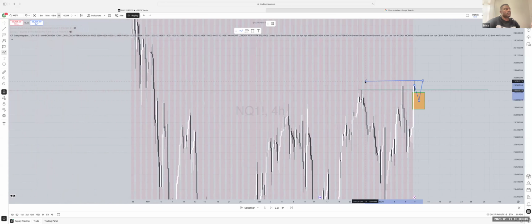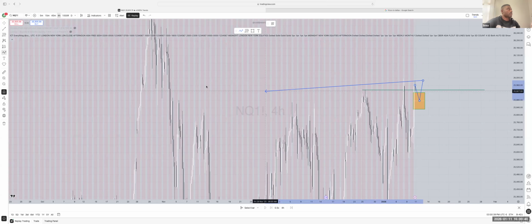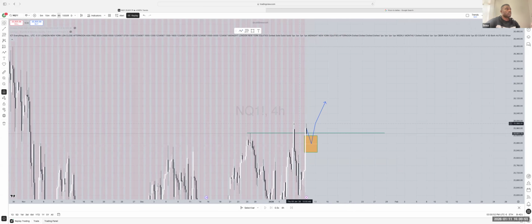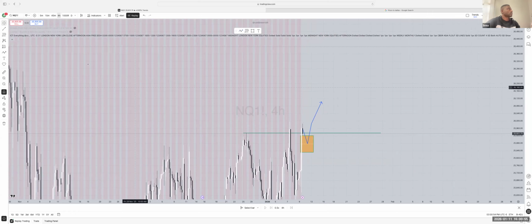But long term, I'd love for us to start trading back into, well, I might have a few levels here. The first level is going to be last week's high, which is this range here. So if it's Monday or Tuesday and we find a good setup from maybe this fair value gap to last week's high, then that would be the first setup.